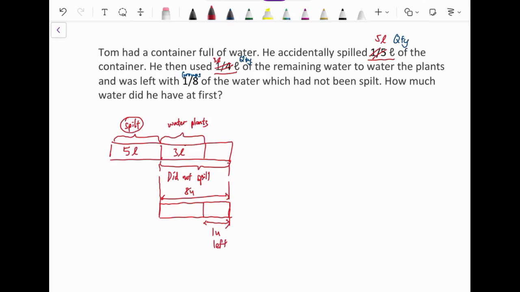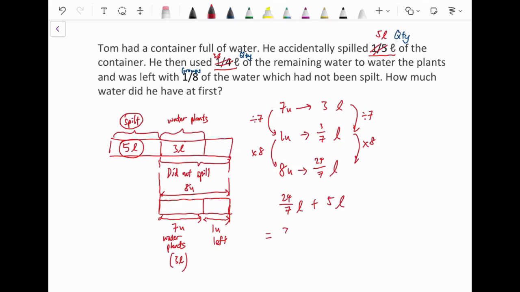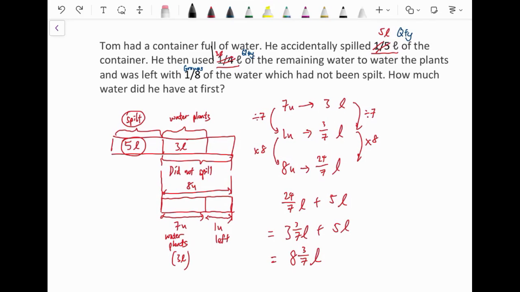This means that 7 units must be 3 liters. We can find 1 unit and then 8 units, which is the amount of water which he did not spill. From there, we can just add back the amount of water he spilled. Replacing the original values, we can use the same method to get the answer.